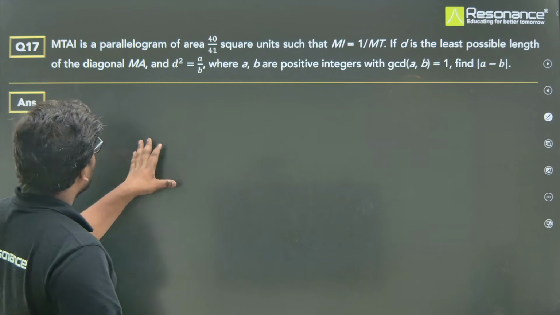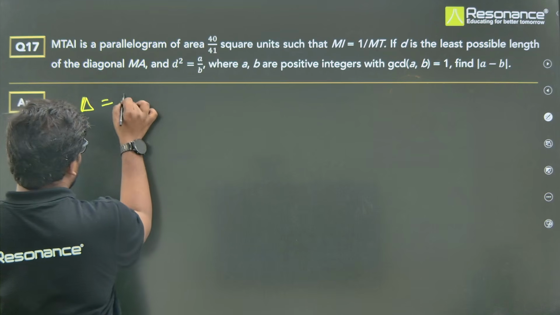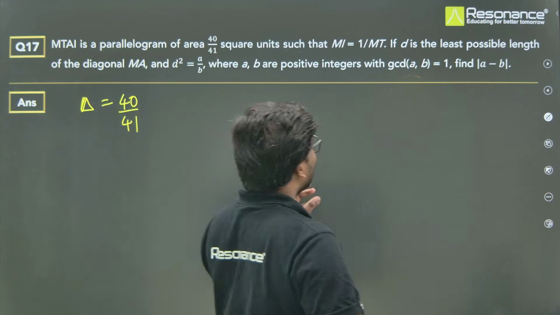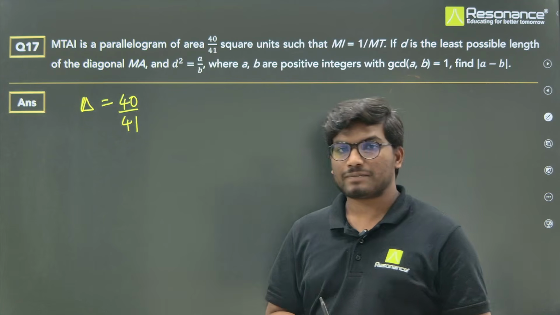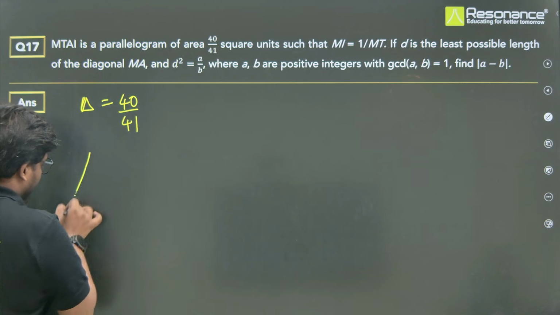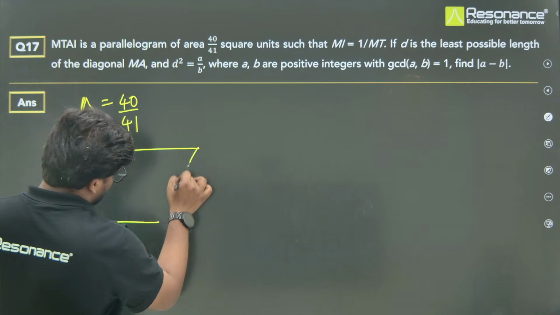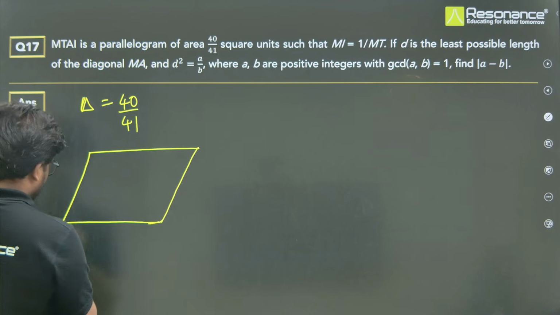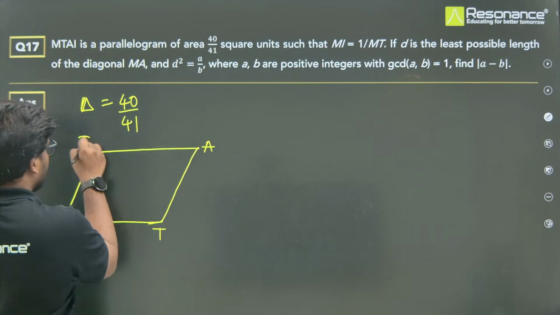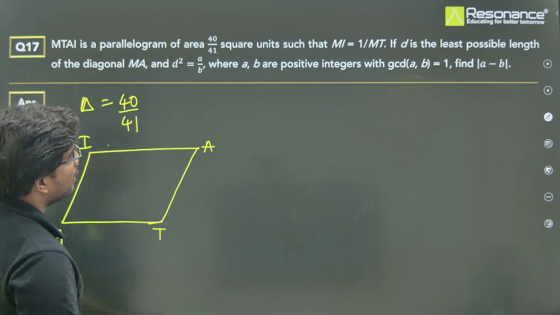MTAI is a parallelogram of area delta, which is 40 by 41 square units, such that MI is 1 by MT. So let's just try to plot the parallelogram M T A I. Before we get into anything, MT is what?